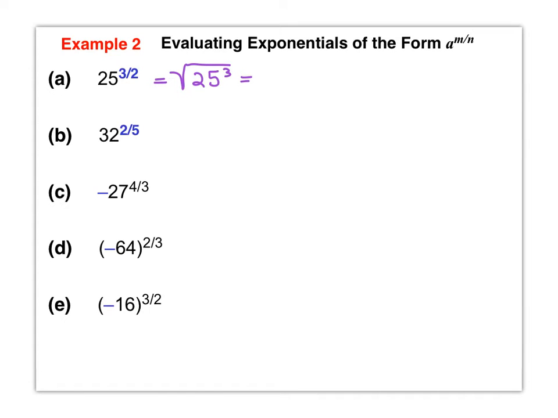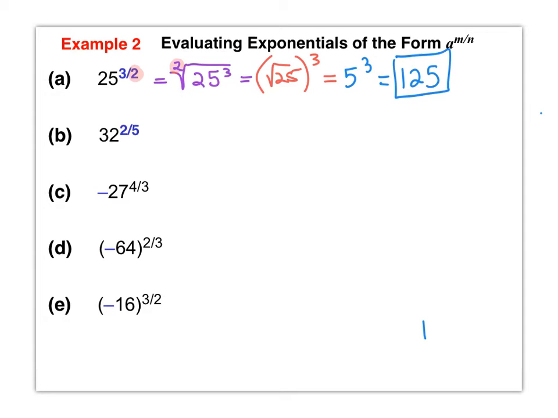Again, the number in the denominator is the index, and since that is 2, we don't necessarily need to write down that it's a square root by indicating the index of 2. That's understood. So we can also write this as the square root of 25 all raised to the 3rd power. And we know that the square root of 25 is 5. So this can be written as 5 to the 3rd power, which is 125.